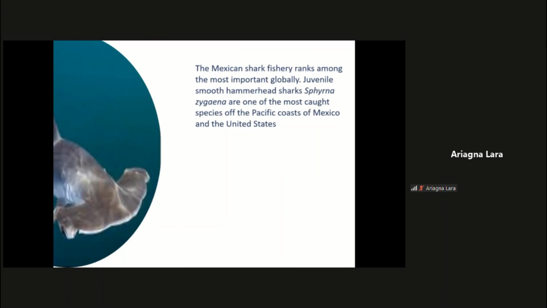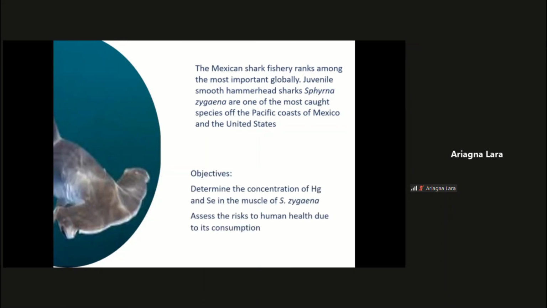However, juvenile sharks are the most important for bioaccumulation studies because they commonly reside in coastal areas that are greatly exposed to higher concentrations of anthropogenic contaminants. For this reason, the objective of this investigation was to determine the concentrations of mercury and selenium in the muscle of Sphyrna zygaena and to assess the risks to human health due to its consumption.